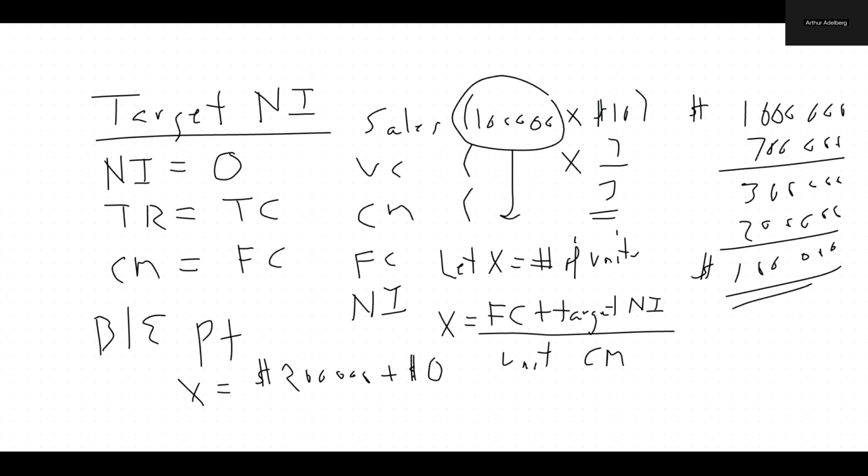And how much is my contribution margin per unit? My most important number. Okay, so I'm going to divide by $3. So when I divide dollars by dollars, I get my answer in units.